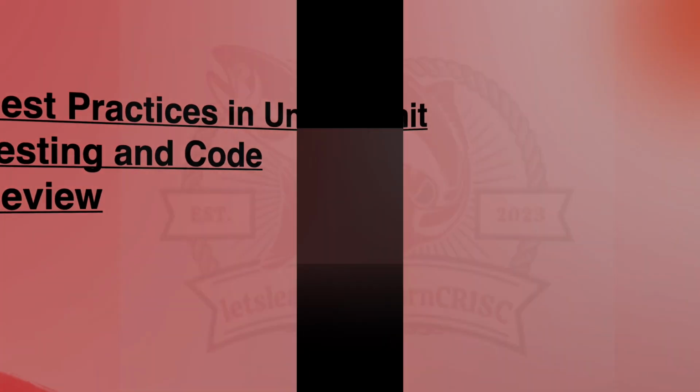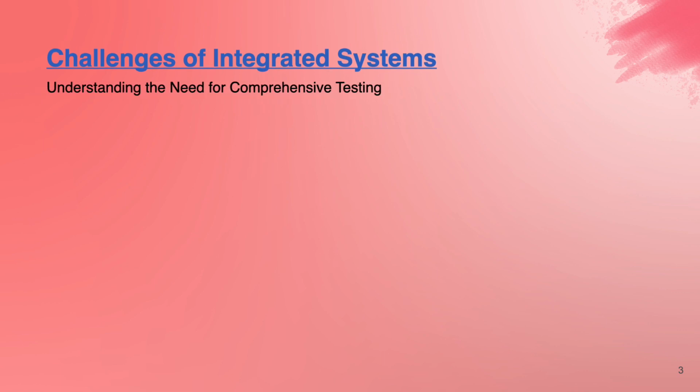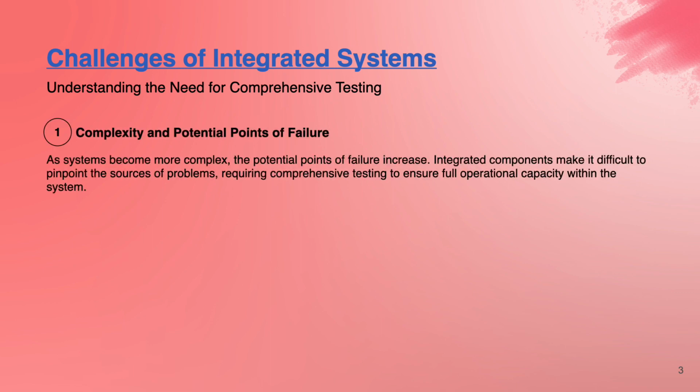Let's start. First, the challenges of the integrated system, that is, understanding the need for comprehensive testing. First is the complexity and the potential points of failure. Friends, imagine that you have a really complicated machine or system. The more complex it is, the more chances there are for things to go wrong, and we call these potential problems points of failure.